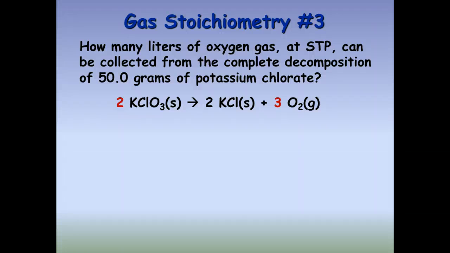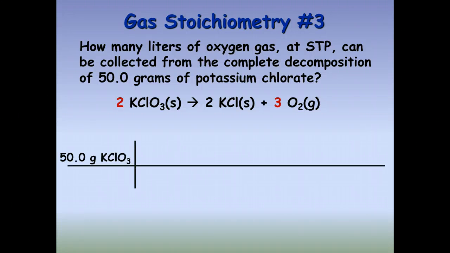So we're going to start with grams of this substance, use stoichiometry to get to moles of oxygen, and then convert that into liters. Again, we're at STP. So at STP, 1 mole of any gas equals 22.4 liters. So pause the video right now and try and work this out.